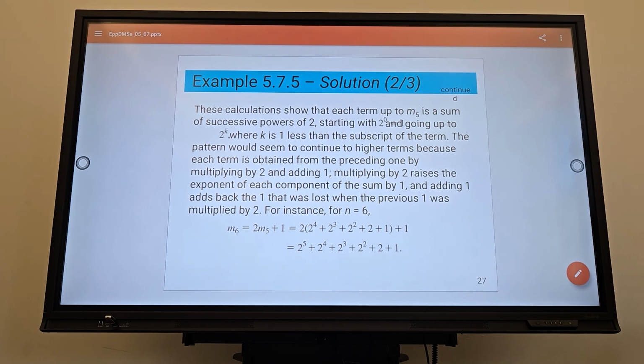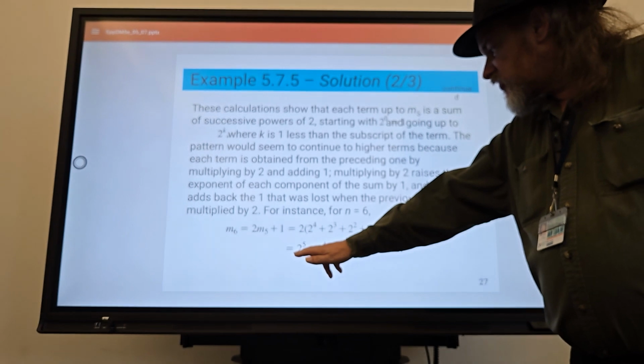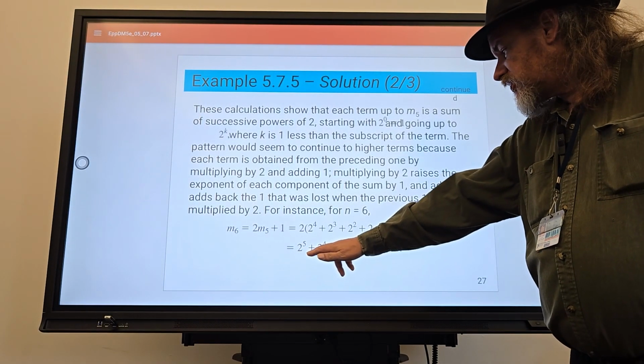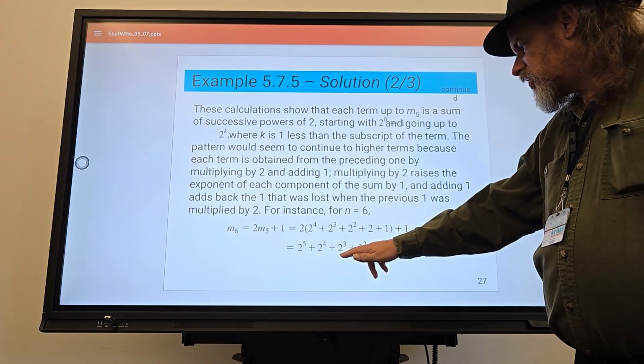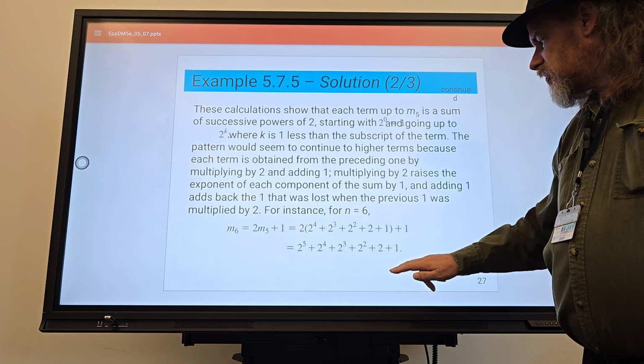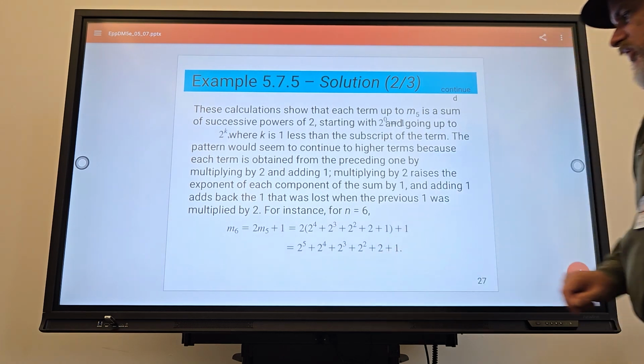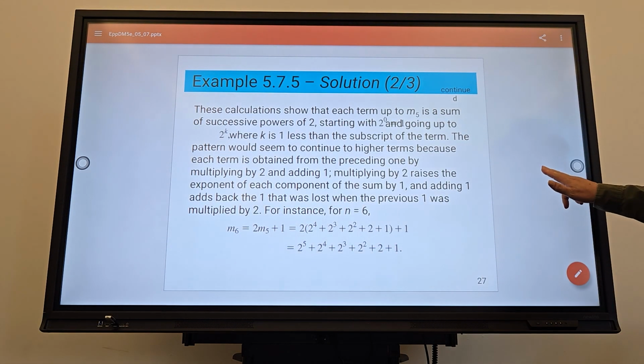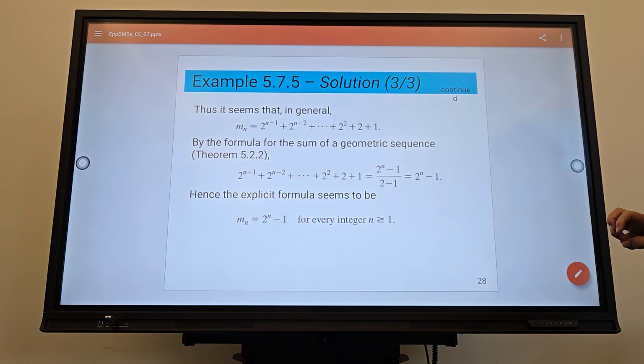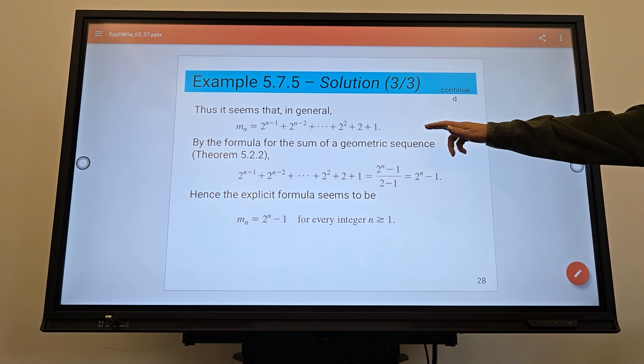For example, n equals 6. m sub 6 equals 2 to the 5th, plus 2 to the 4th, plus 2 to the 3rd, plus 2 to the 2nd, plus 2 to the 1st, plus 2 to the 0th. So it seems natural that, in general, this is true.